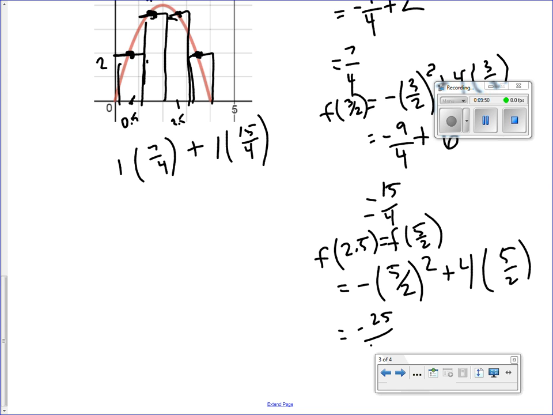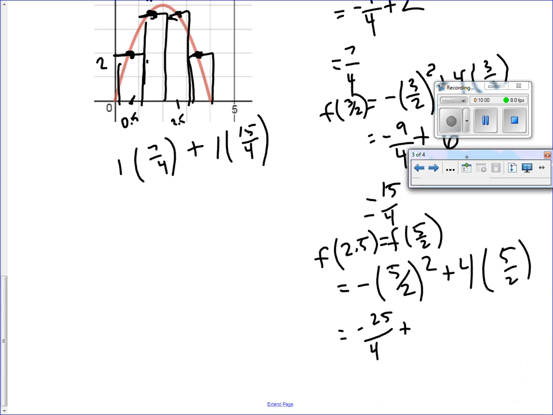So negative 25/4 plus 20 over 2. That's because I'm doing 4 times 5. 20 over 2 is the same thing as 40 over 4. And then 40 minus 25 is 15. So the height of that one is also 15/4.